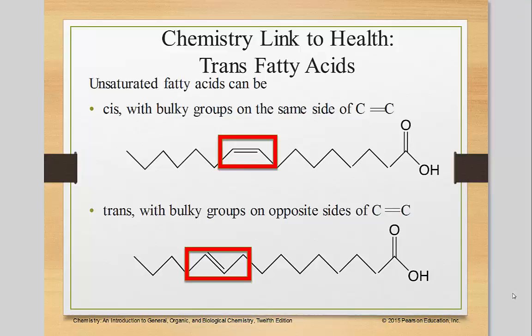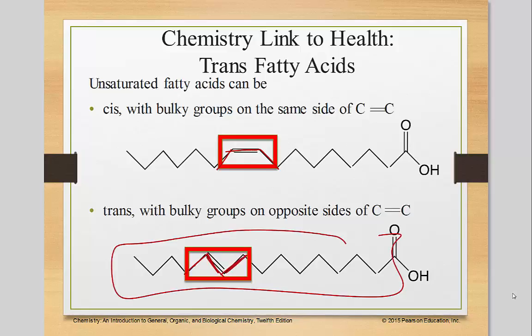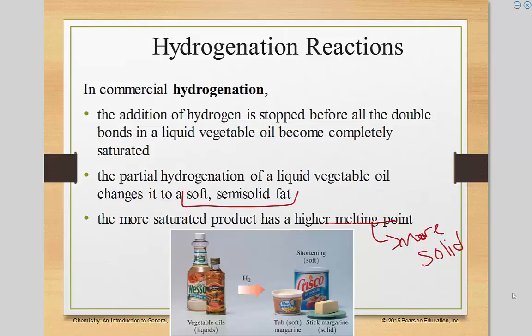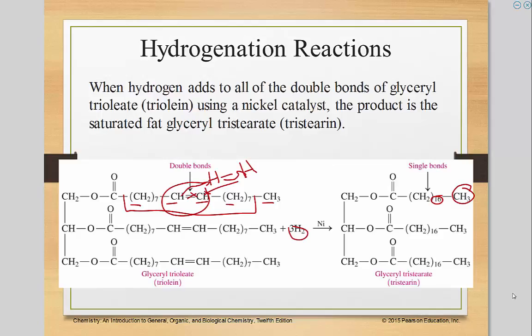Unsaturated fatty acids can be cis, which gives us that kink, which interrupts the interactions between the two compounds. Or it could also be trans. This is on opposite sides. Now notice the way that this looks in comparison to this.